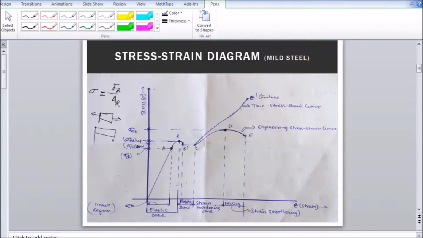This will be L dash and this will be L. The change in length, delta L, is equal to L dash minus L. This change in length divided by the original length gives us strain. So now you might have got a preliminary understanding of what stress is and what strain is.